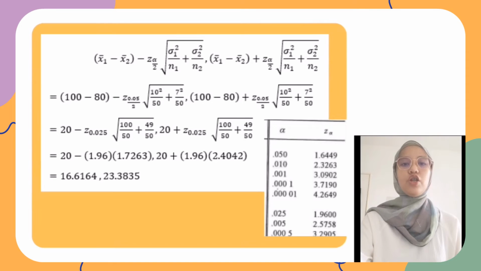Insert all the values in the formula, and for the z value, you can refer to table 4, which is the percentage points of the normal distribution. After calculating all that, the final answer would be 16.6164 to 23.3835. So that's all.